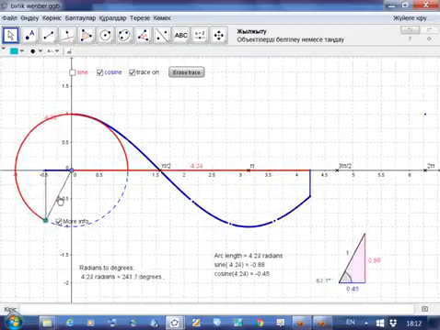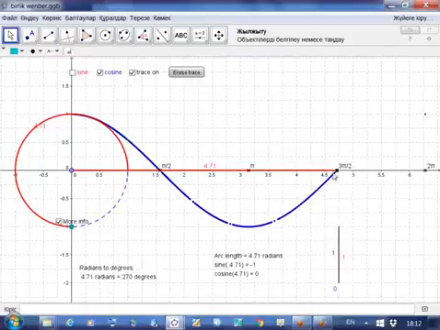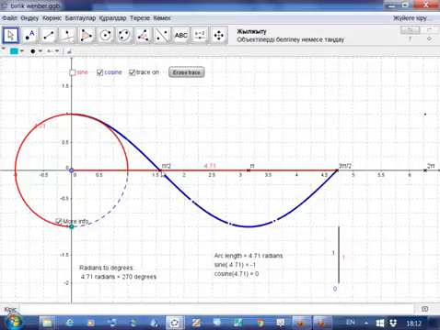Till 3 pi over 2, the value of cosine here is what? Negative. Between pi over 2 and 3 pi over 2, the graph is below the x-axis. That means the value of the cosine is negative. For the angle bigger than pi over 2 and less than 3 pi over 2, the value of the cosine is negative.